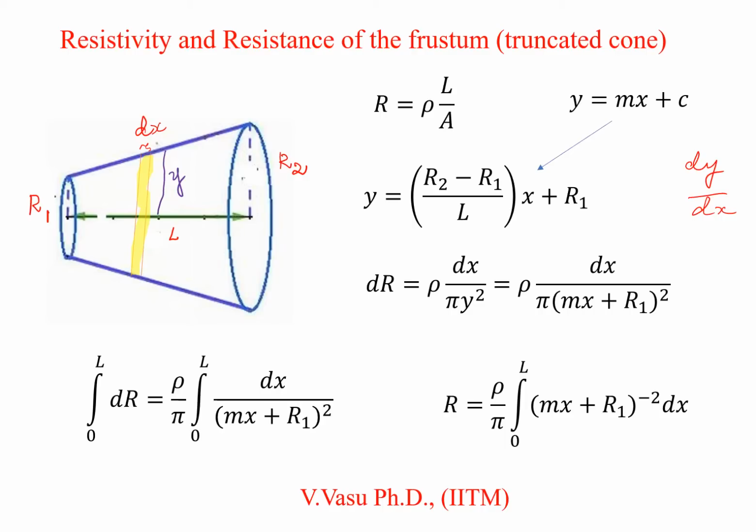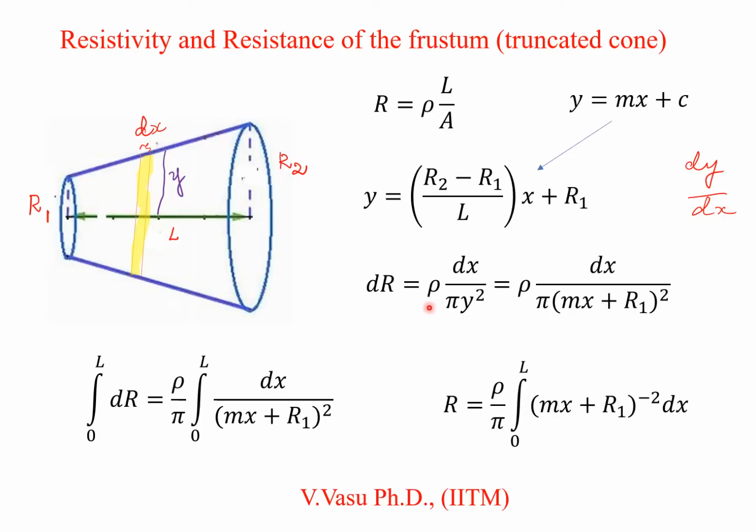So then what is the area? Rho we have taken as it is. L we have taken as the small volume element, that is dx. The area of the volume under consideration, which I have shown in yellow color, is pi y squared, since the radius is y.